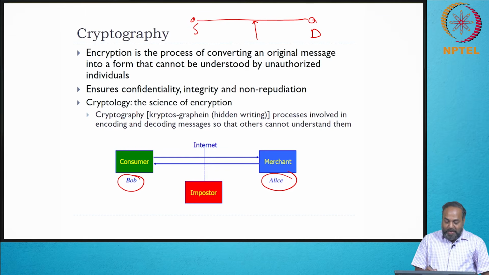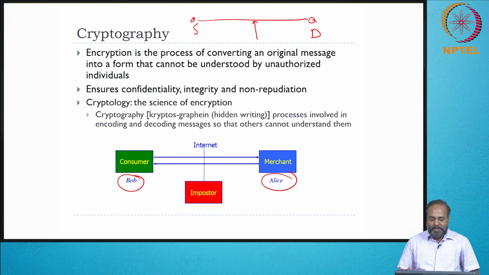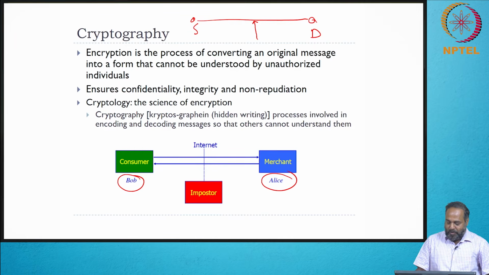So, in cryptography what you do is you encrypt the message. There is a message and there is an encrypted version of that message, which is not legible or something that can be understood, because it is different.